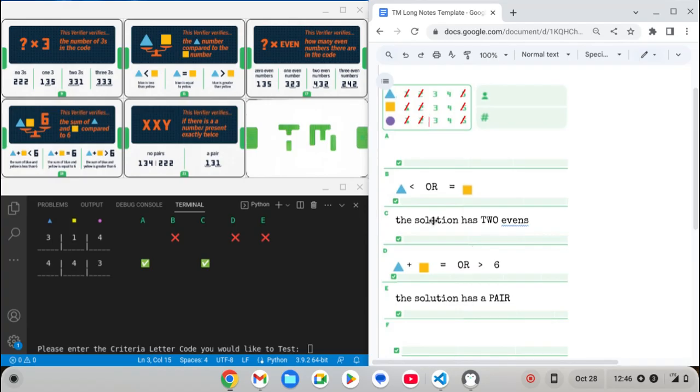Okay, and yeah, let me go ahead and do that. Let me just cross this out. I'll say that the sum is greater than 6, and I'll just put a note here, deduced.